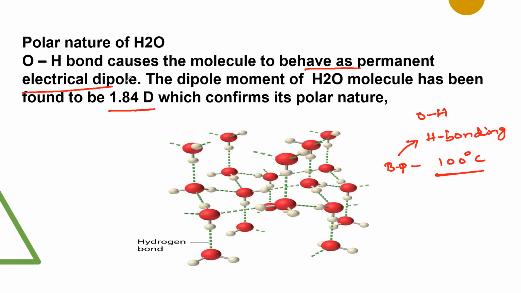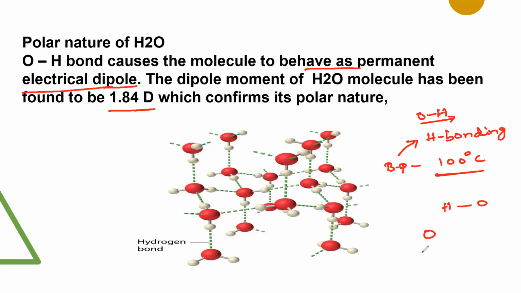So the OH bond causes the molecule to behave as a permanent electrical dipole. So there exists a dipole moment. The dipole moment is nothing but from hydrogen, the electrons are going towards the oxygen atom.